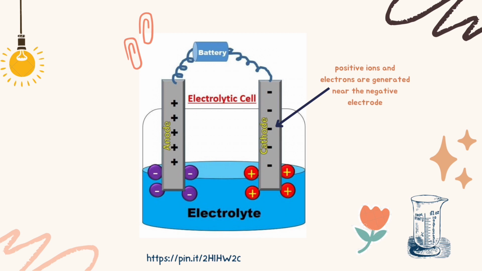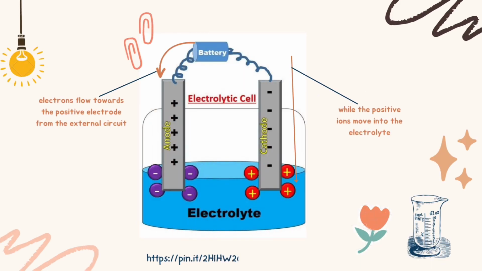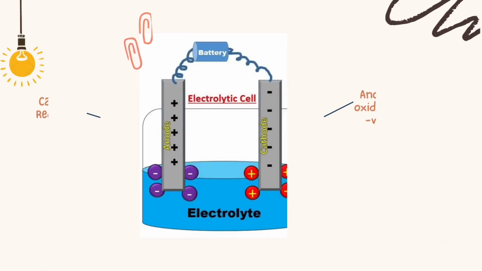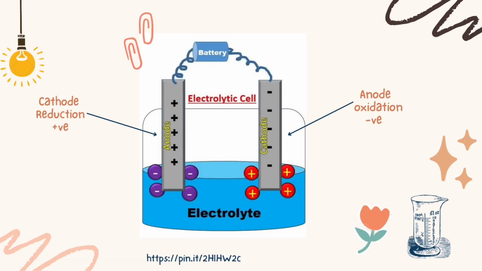Due to these reactions, positive ions and electrons are generated near the negative electrode. The electrons flow towards the positive electrode from the external circuit, while the positive ions move into the electrolyte. The electrons recombine with positive ions at the positive electrode.